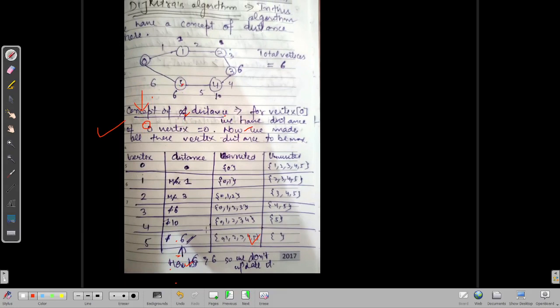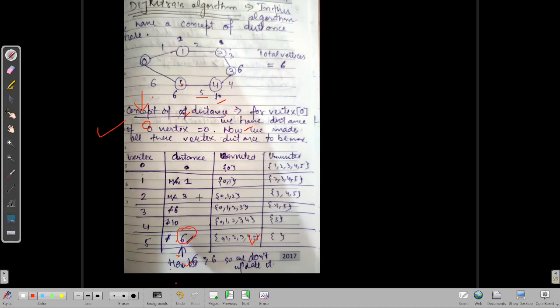A similar thing happens there. Now you can see it. If we try to cover from 0 to 5 through 4, the distance to 4 is 10, and from 4 to 5, 10 plus 5 is 15. But you can see we have 6 at this position.